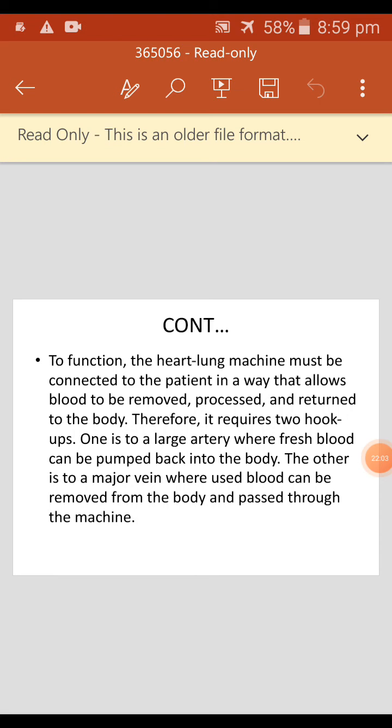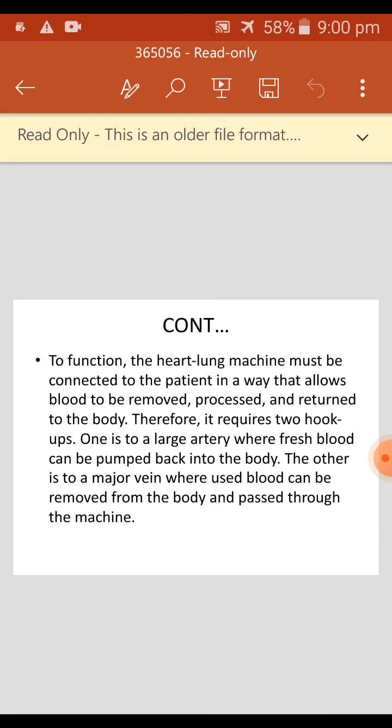Next one, cannulae. Cannulae are the interface between the ECC system and the vascular system of the patient. They are inserted into the relevant vessels by a surgeon, where they are secured and deaerated before their sterile connection to the ducting system of the HLM. Two types of cannulae: one is arterial cannulation, another one is venous cannulation.